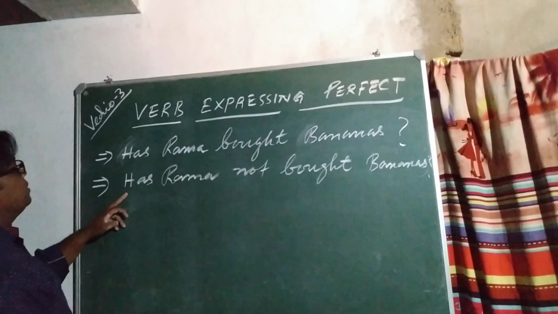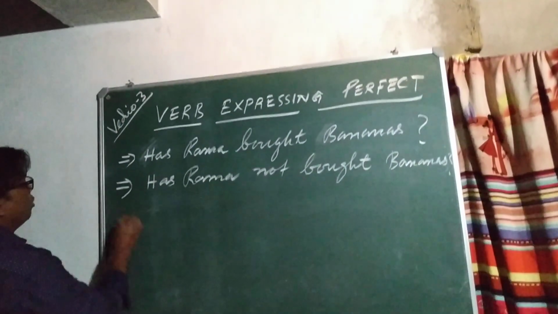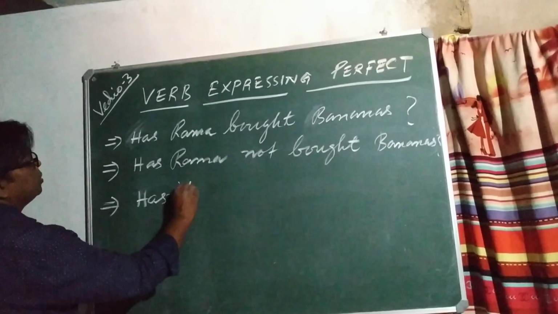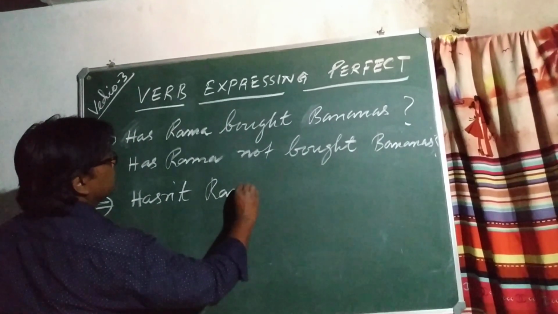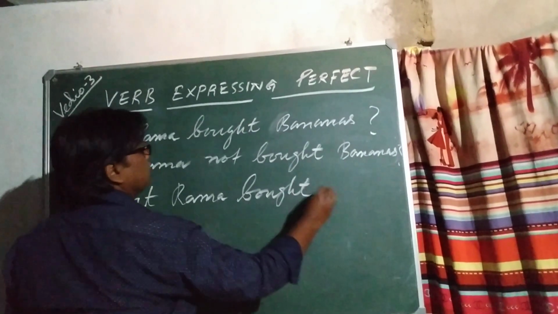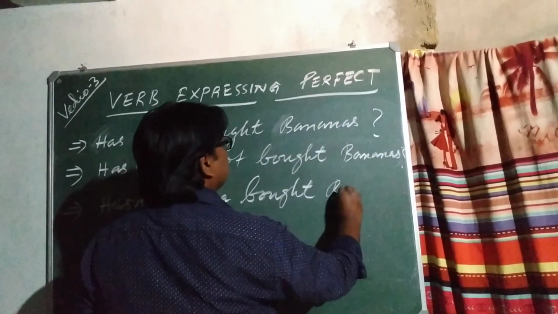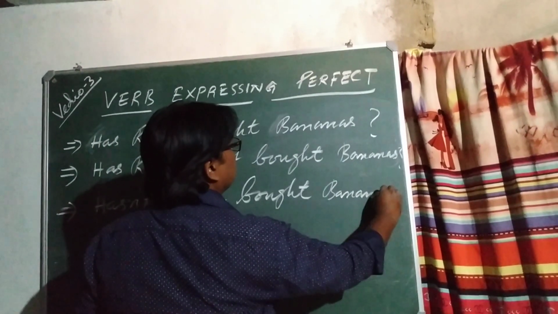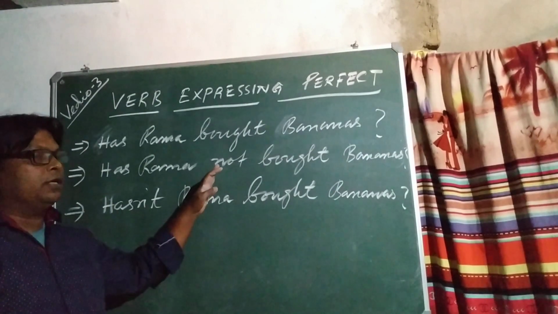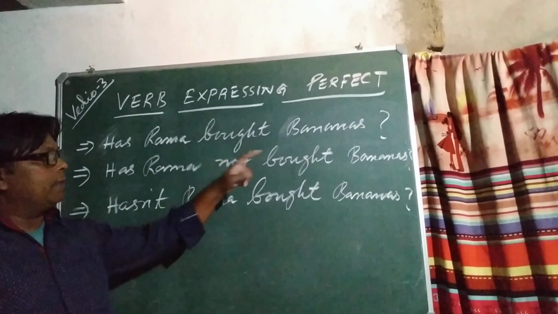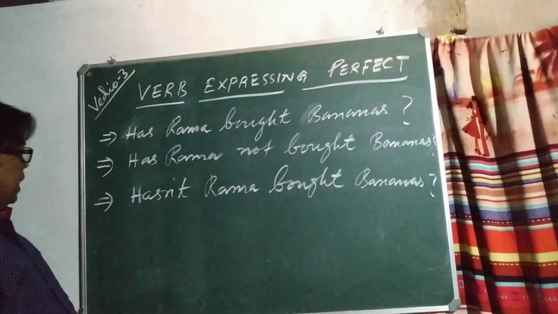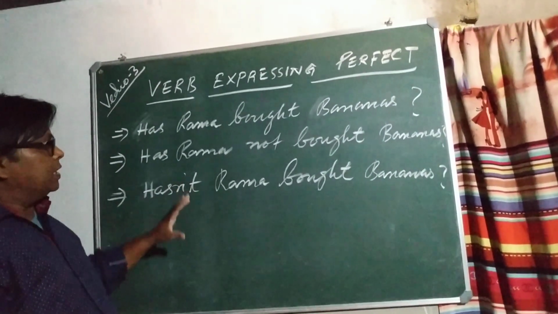Or this sentence you can make another way: Hasn't Rama bought bananas? And one thing you have to remember: in whatever interrogative sentence you make, you have to put a question mark at the end of the sentence. So this way you can make negative and positive sentences.